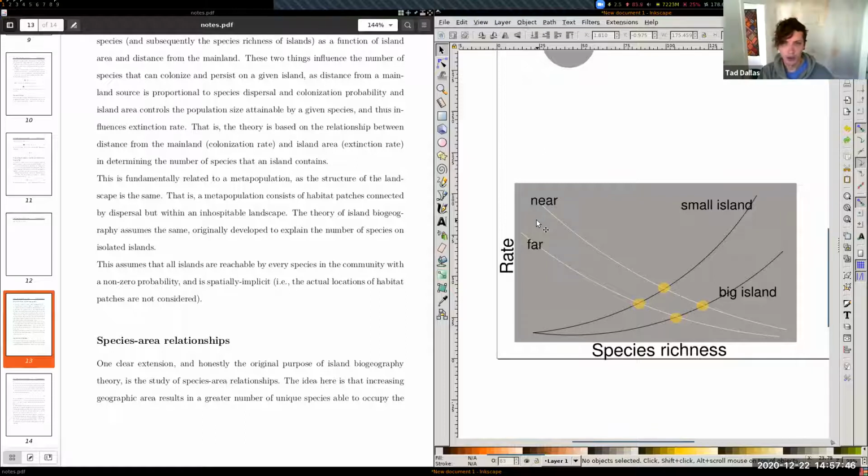It assumes that all islands are reachable by every species in the community, and it doesn't really consider the actual spatial structure of the patches and islands. So it is of limited empirical utility, but it is a cool piece of conceptual theory.